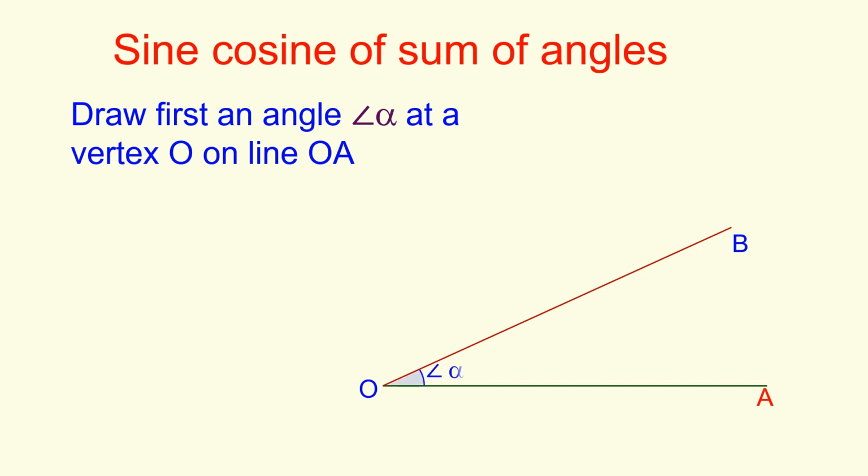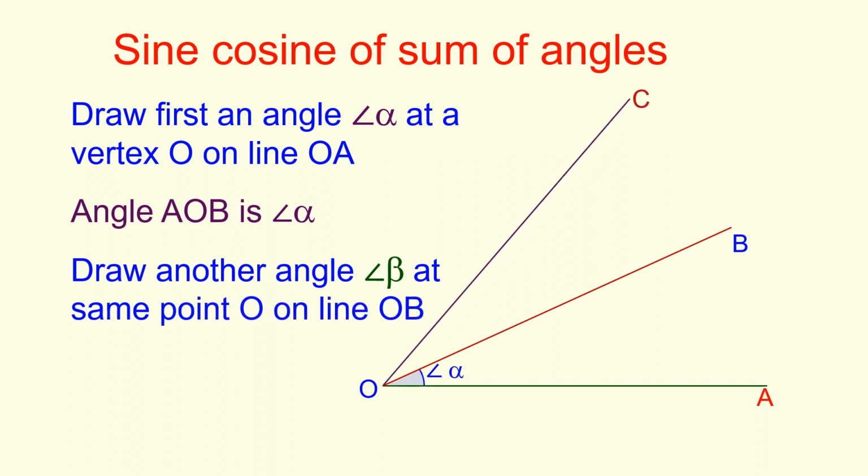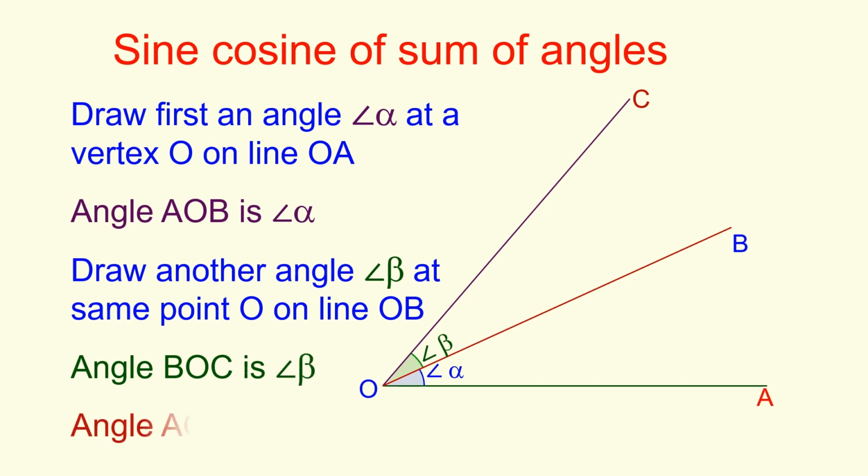The angle AOB is angle alpha. Draw another angle, angle beta, at same vertex O. On the line OB, the angle BOC is angle beta, and the angle AOC is angle alpha plus beta.